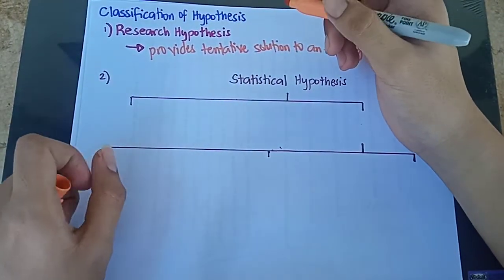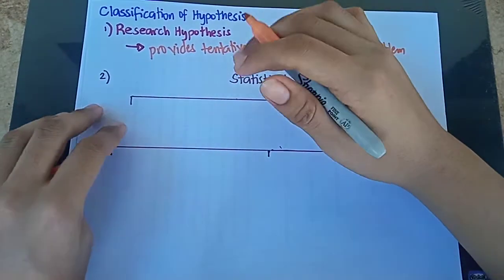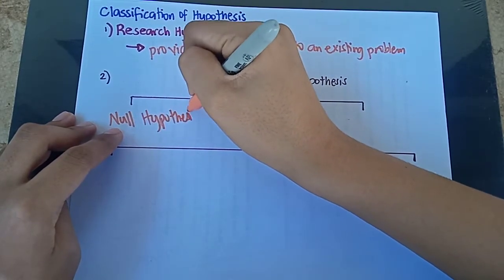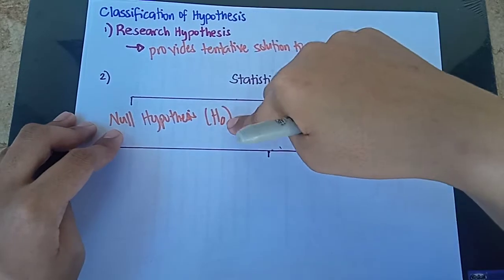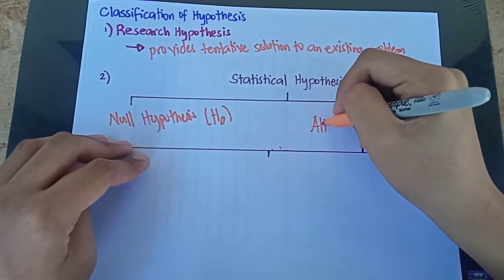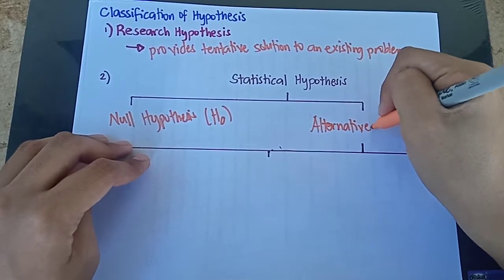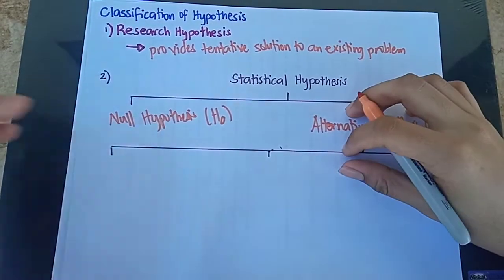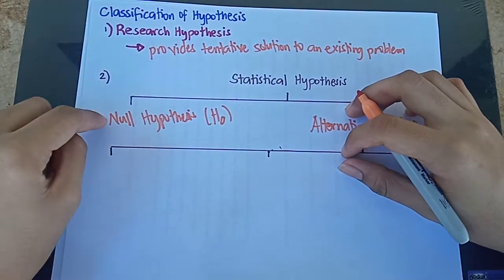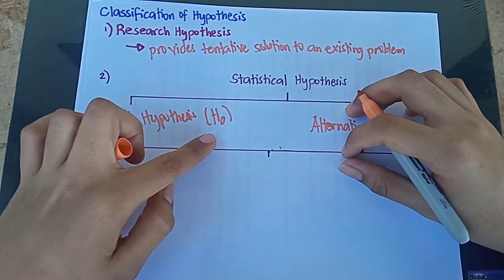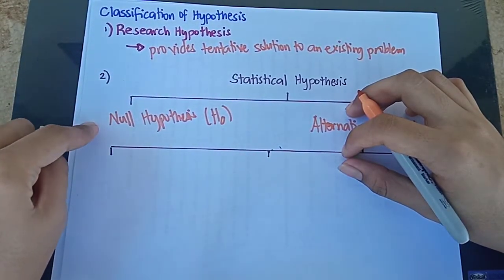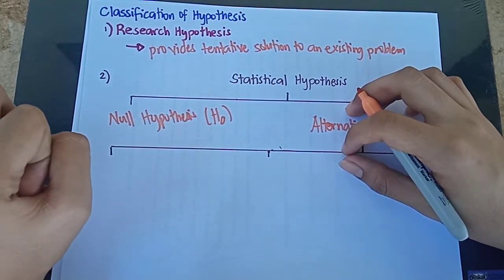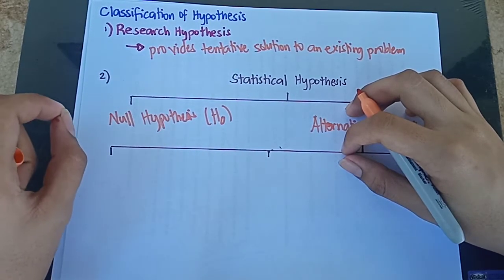While in statistical hypothesis, we have two classifications, and that is null hypothesis, which is H sub 0, where 0 is italicized, and alternative hypothesis, which is H sub I. So, still using our example, we discussed earlier in our previous videos that null hypothesis has a format of there is no significant difference between the independent variable and the use of the commercial product.